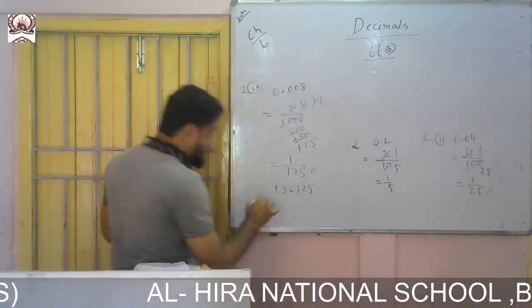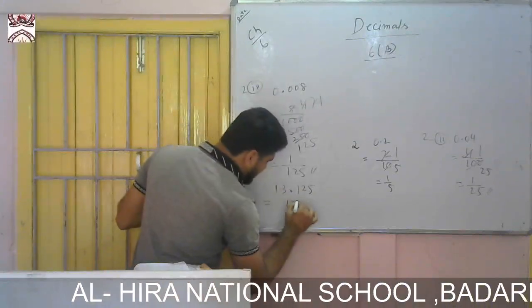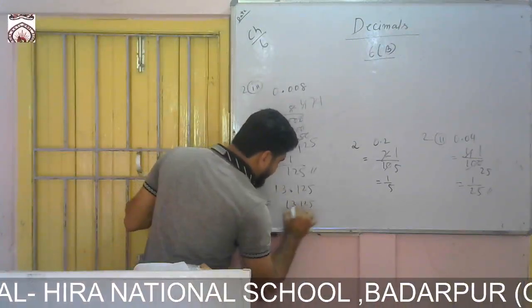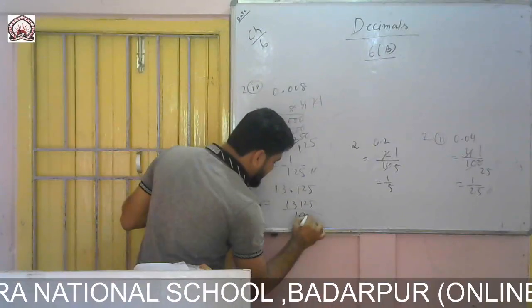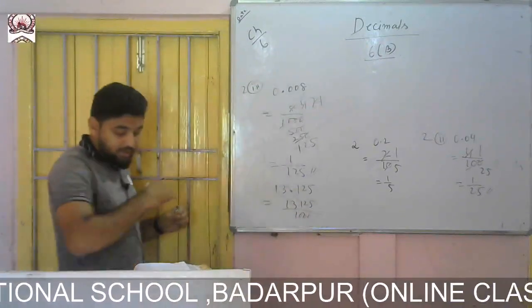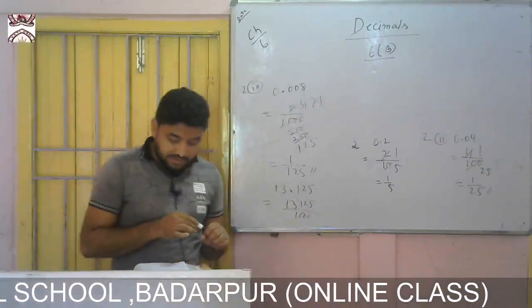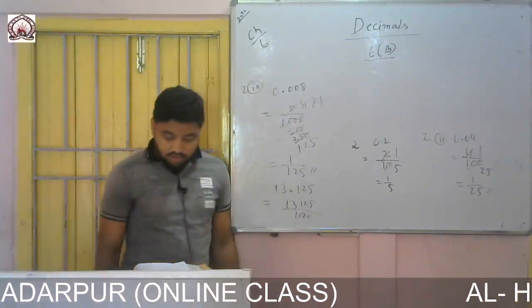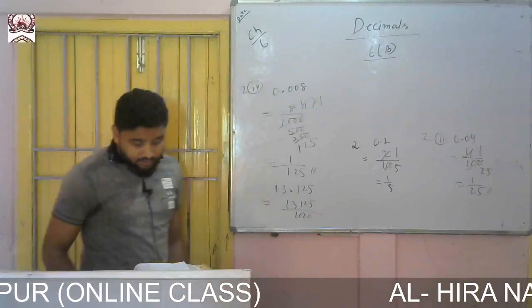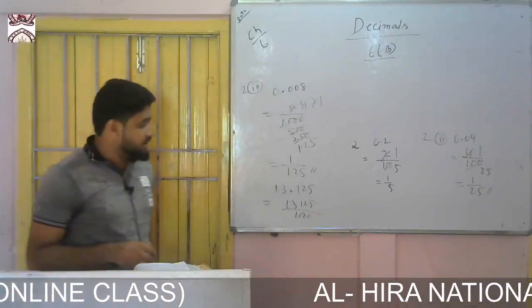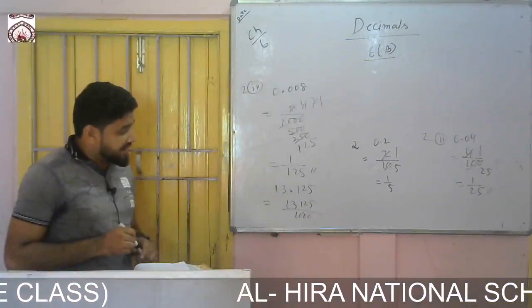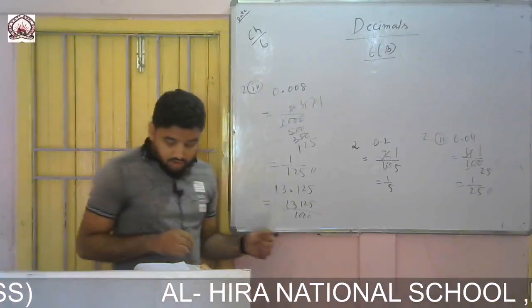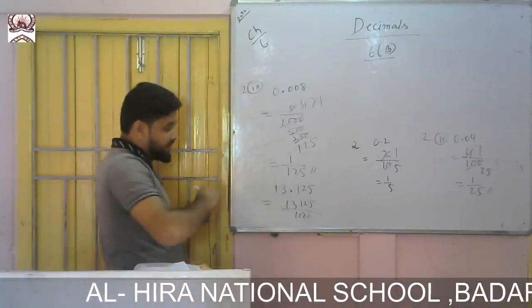If I omit the point, then it becomes 13125 by thousands. Okay, 13125 by thousands. Now you can cancel. If you cancel with this one, with 125, so you cancel with 5.